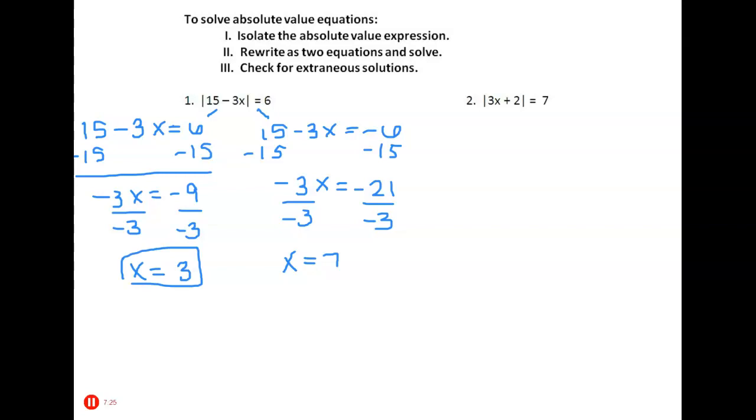And you get x equals 3 and x equals 7. So now what you need to do is take 3 and take 7 and check them in the original.